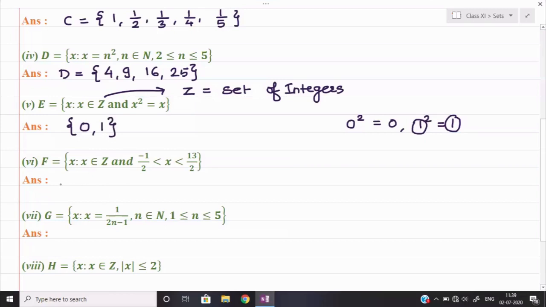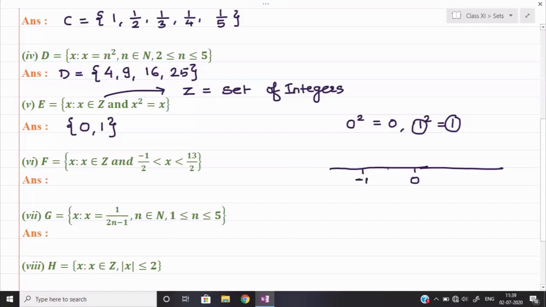Similarly, part number 6. In that they are saying x belongs to the set of integers, and the value of x is more than minus 1 by 2, meaning minus 0.5, but less than 13 by 2, meaning 6.5. So again I will show you on the number line how these values are taken. Suppose I take a number line, and in the middle I take 0, and here minus 1.